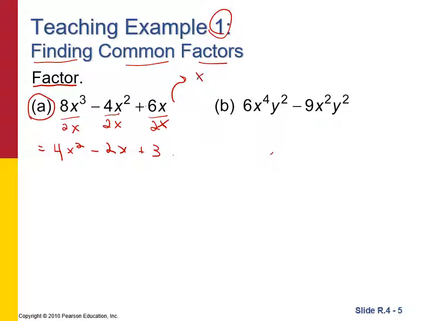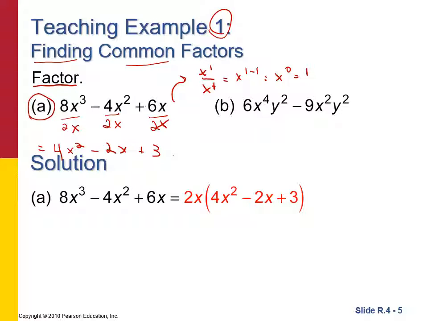Because x to the 1 over x to the 1 leaves us with x to the 1 minus 1, which is x to the 0, which is 1. Okay, you can see that the answer is this, but notice they pulled out that 2x. So here's the 2x, and this is what we had left over.